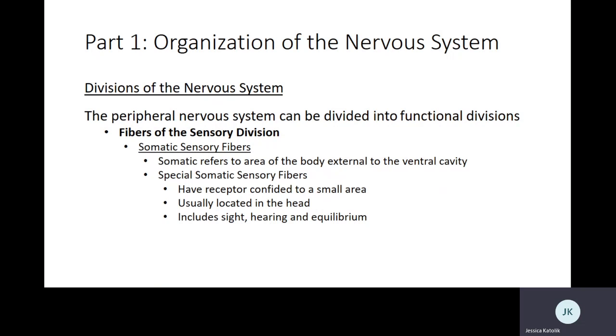The information we get from them lets us see, hear, and also sense equilibrium. Equilibrium is our body's ability to balance, and our ear plays a really important role in maintaining balance. We'll learn a little more about that when we get into special senses.